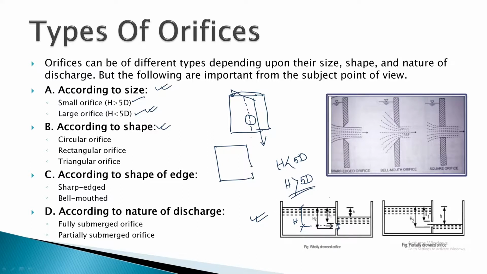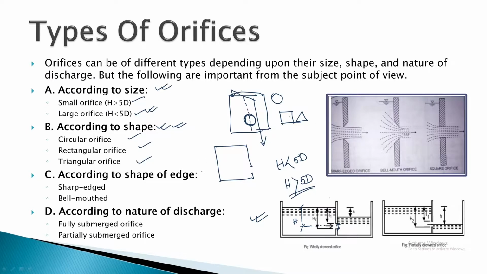This is the opening. If you cut this section, this particular shape might be a circle, a rectangle, or a triangle. Definitely, depending on the shape, the water will flow like that shape, right? So we can classify according to the shape: circular, rectangular and triangular.